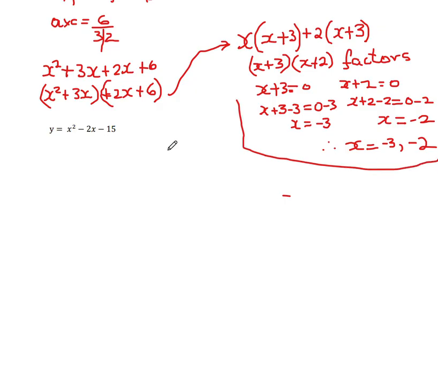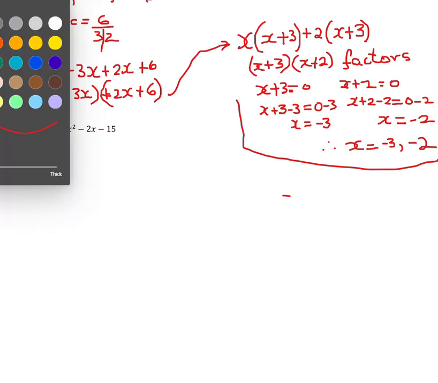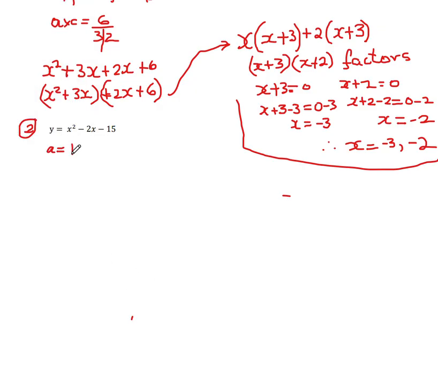Now we're going to look at this second one here. y equals x squared minus 2x minus 15. Again, what you want to do first and foremost is to write down the values of a, b and c. When you write down the values here, you get a equals 1. There's an invisible 1 in front of the x squared. b is equal to negative 2.